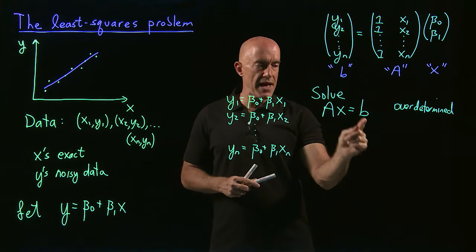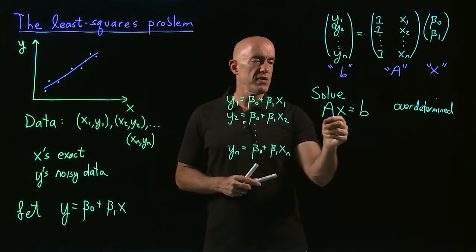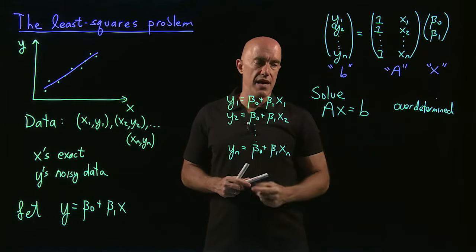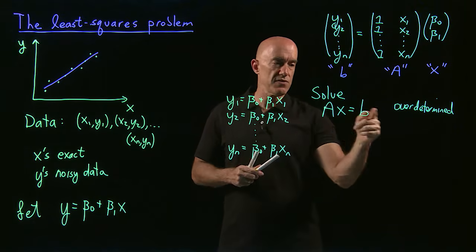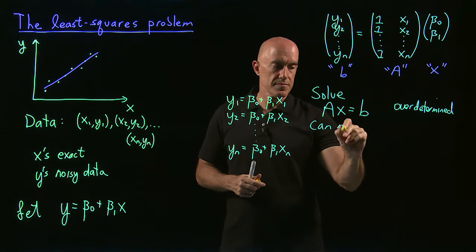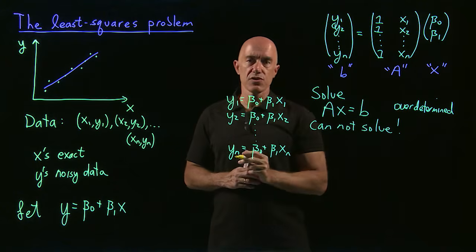But to find the best solution of this equation, what we can do is project b onto the column space of A. We cannot solve this one, right? There's no solution.